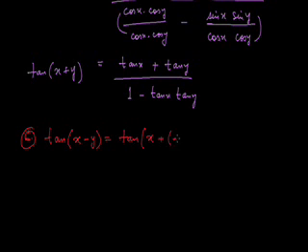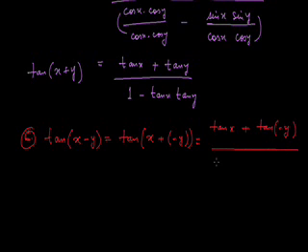Now to obtain the formula for tan x minus y, write it like this: tan of x plus minus y. So it will become tan of x plus tan of minus y upon 1 minus tan x into tan of minus y. So tan x will remain like this. Tan of minus y is minus tan y.